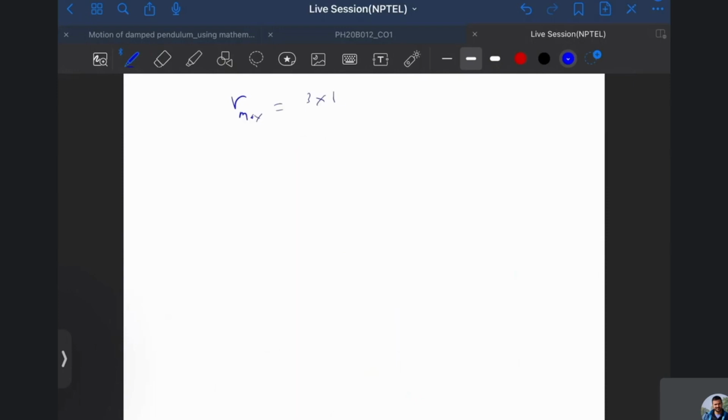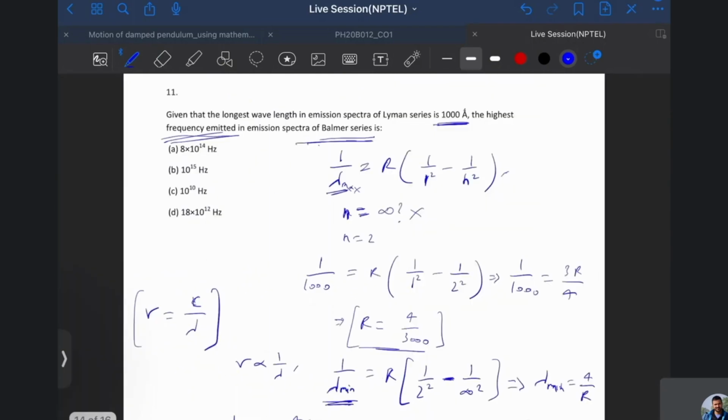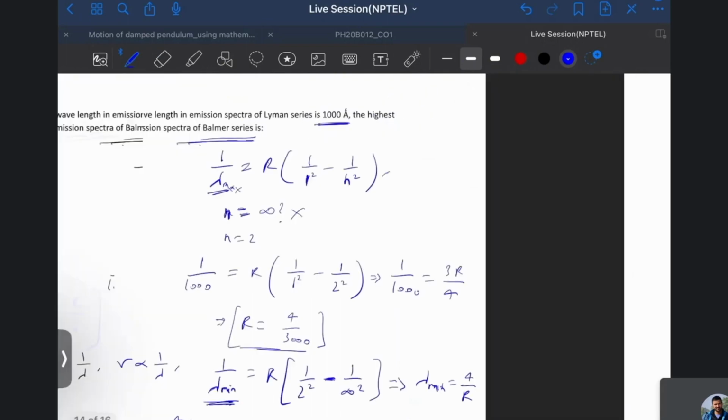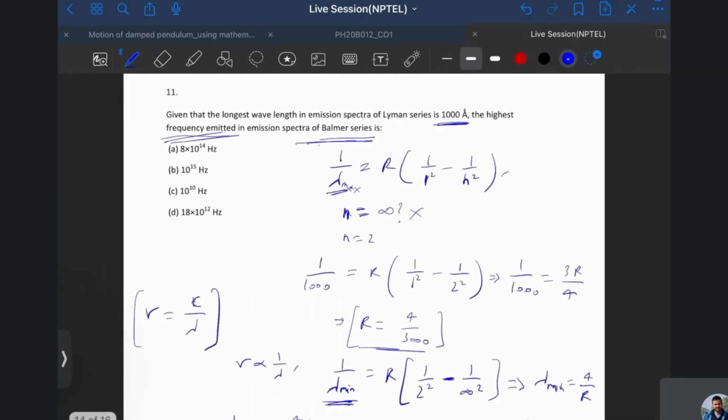C is what? 3 into 10 to the power 8 divided by, what is the lambda min? 3000. Right? And this 3000 is in what, angstrom, right?